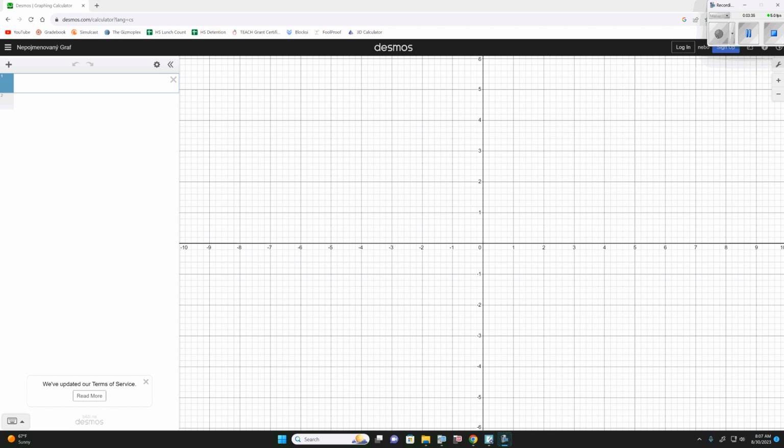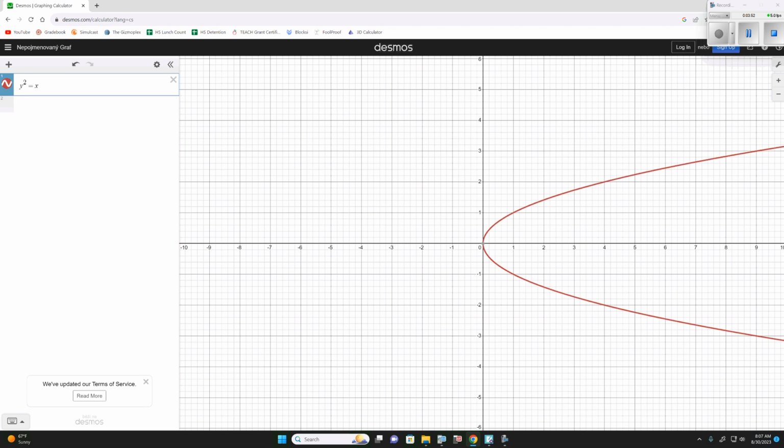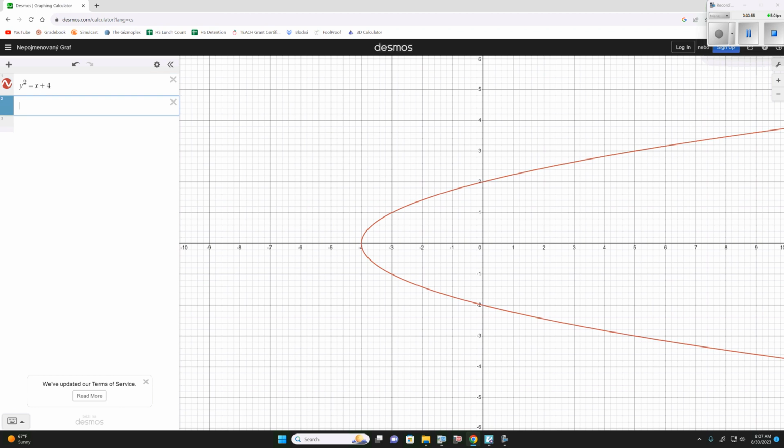What I'm going to do here is actually graph it. I'm going to have to type it out: y squared equals x plus 4. The main thing is y squared. Can we draw a vertical line and cross the graph at more than one point?